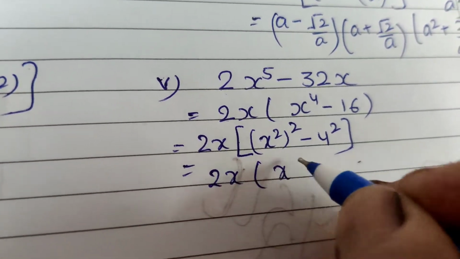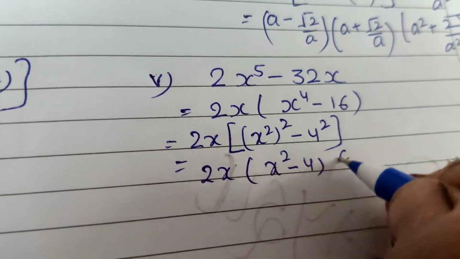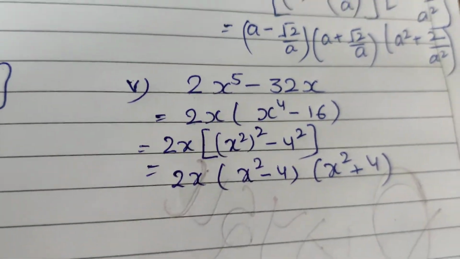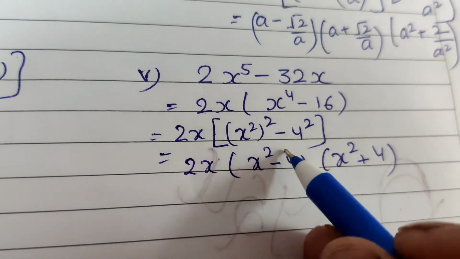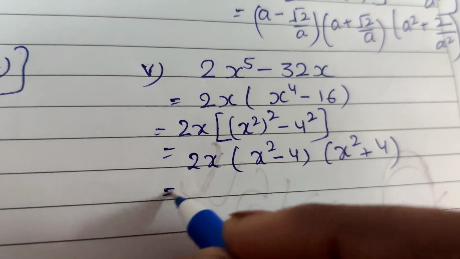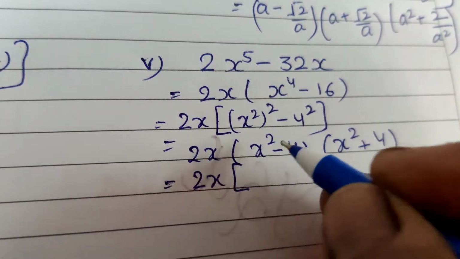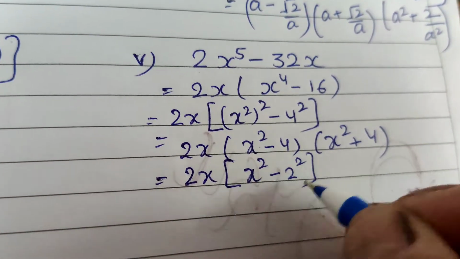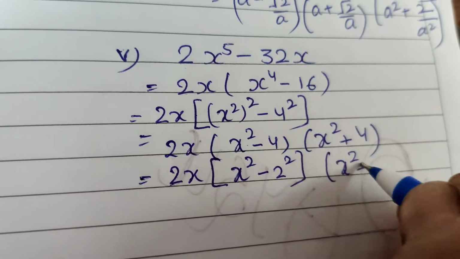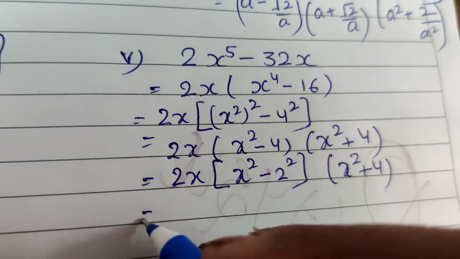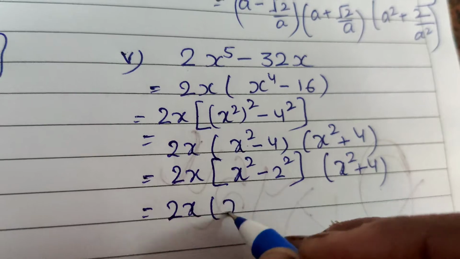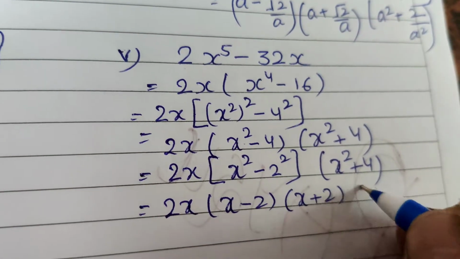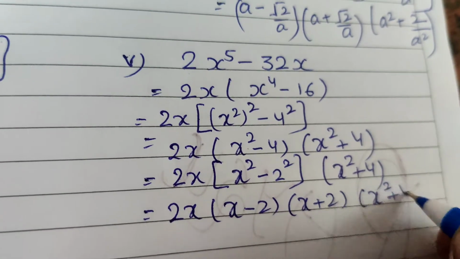Factorize: (a minus b) and (a plus b), that is (x square minus 4) and (x square plus 4). Again we can use x square and this is the square of 2. Next, 2x, (x minus 2), (x plus 2) and (x square plus 4).